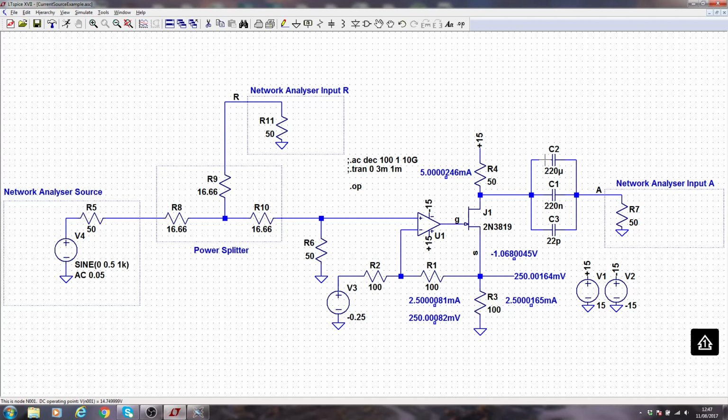So C2 will be electrolytic. That will give us the low frequency performance because it's got quite a high capacitance value. And then C1 is probably going to be ceramic. It could be polyester or polypropylene or one of the plastics. C3 will almost certainly be a ceramic capacitor, which is metal and ceramic between the two in some sort of interdigitated structure.